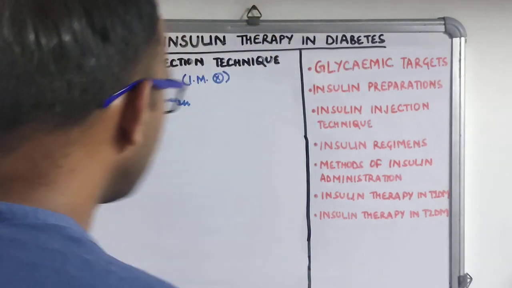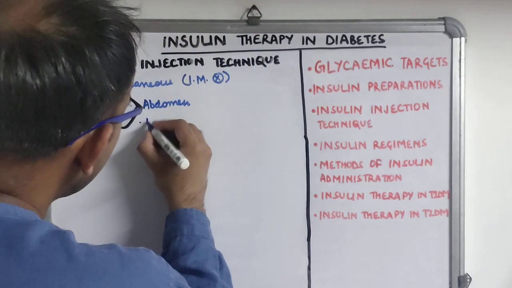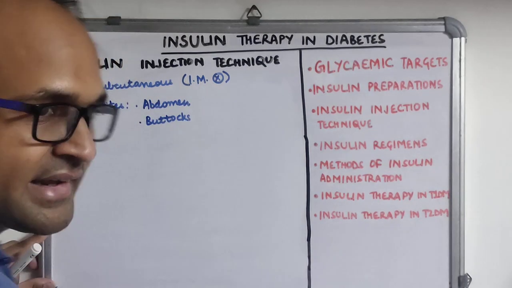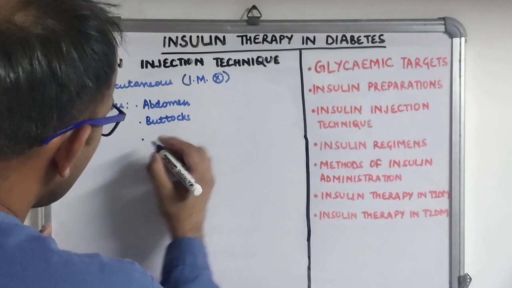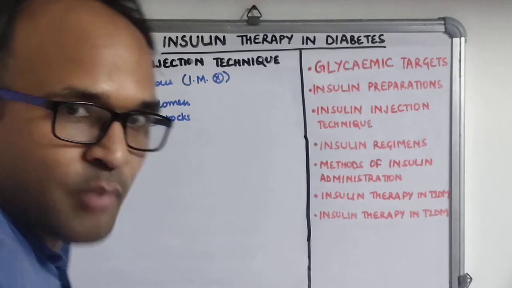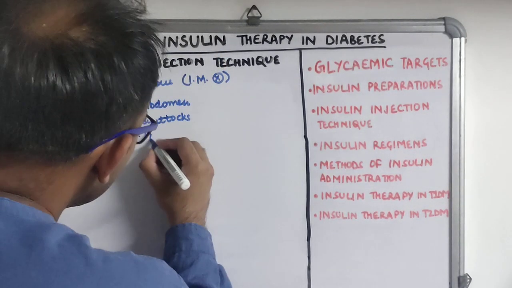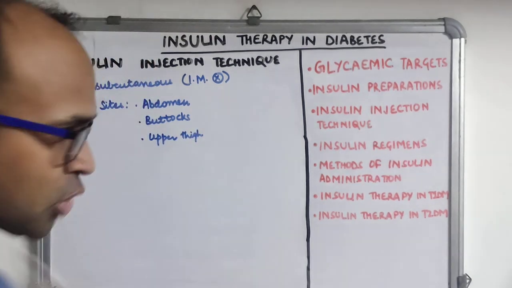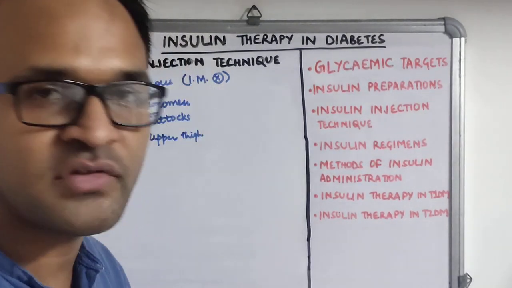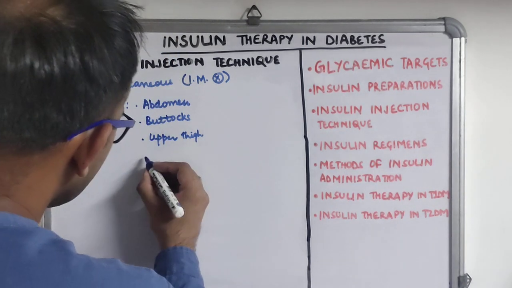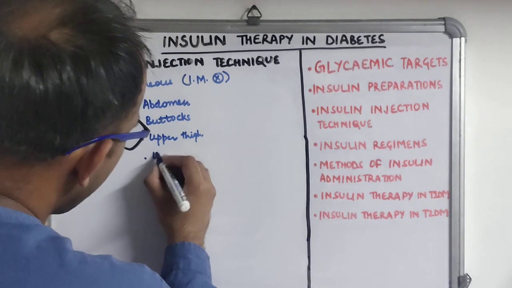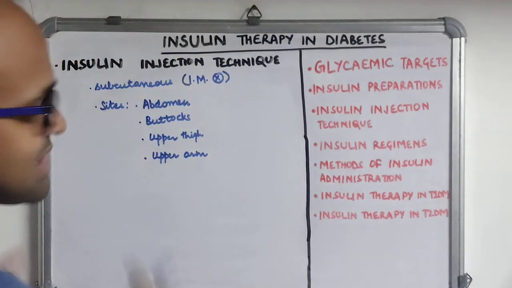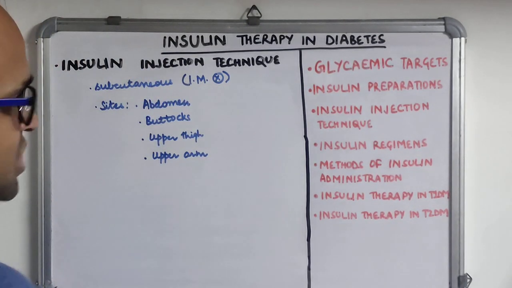Then we can use the buttocks, the back pocket area, the upper thigh, particularly 4 inches below the top of the lower limb and 4 inches above the knee, and the upper arm in the deltoid region. These are the classical sites of insulin injection.